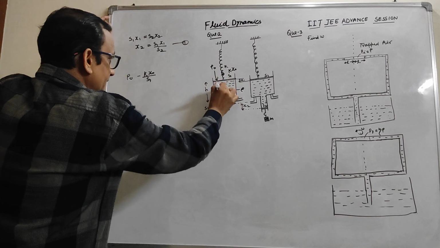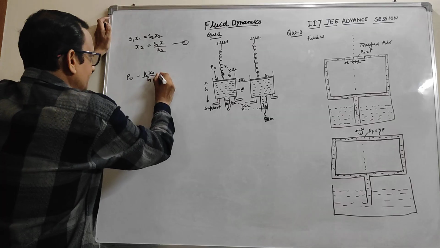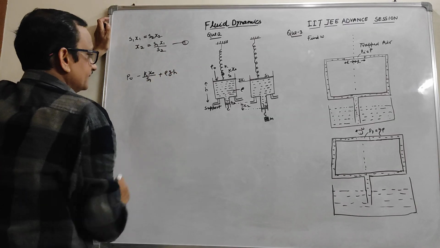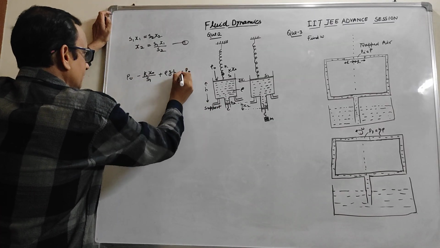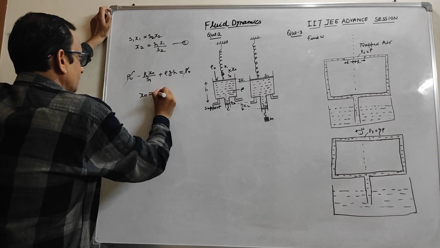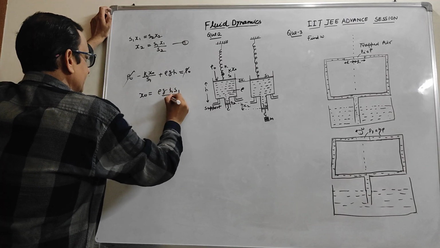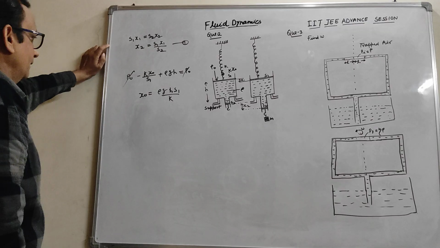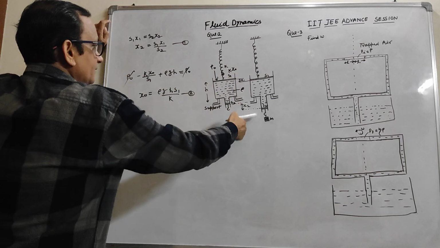Moving from S1 to S2, the pressure further increases by rho g h. P naught cancels out, so we get rho g h equal to k x naught upon S1. This is equation 2.